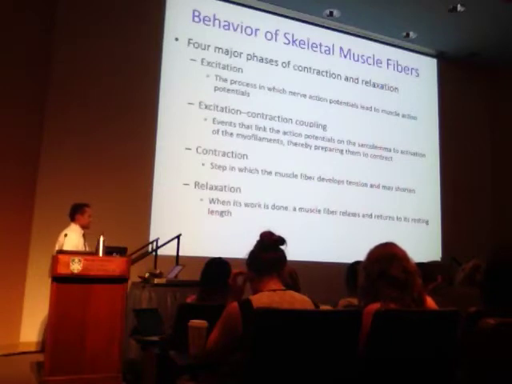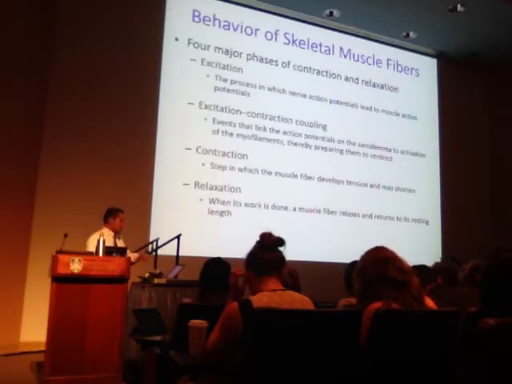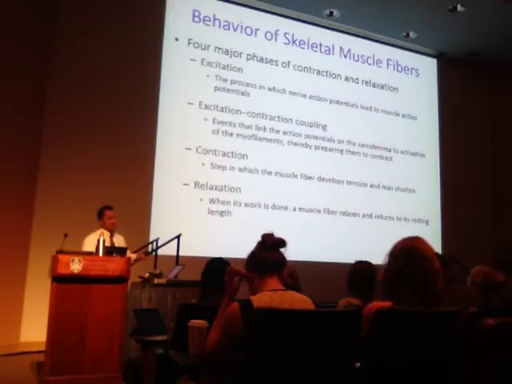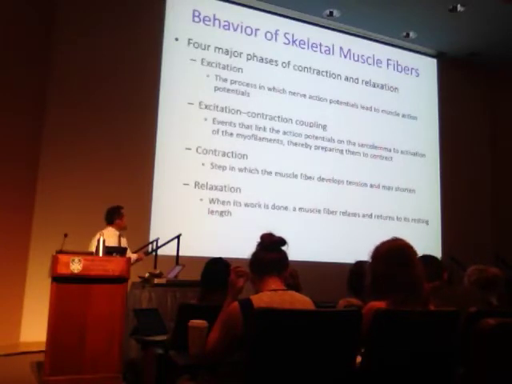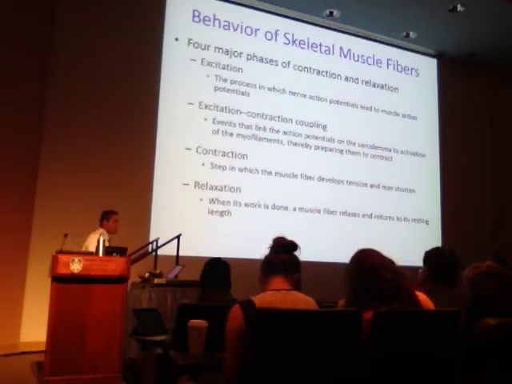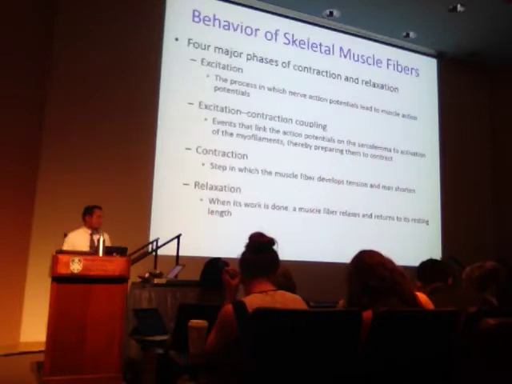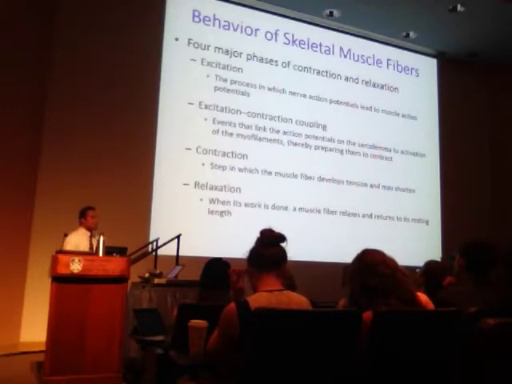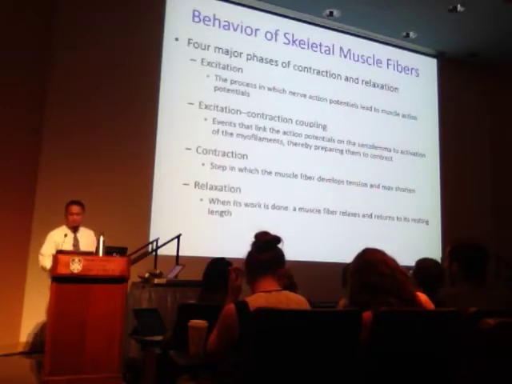Excitation-contraction coupling. Those are the events that link the action potentials on the sarcolemma to the myofilaments inside. And what's the key molecule that's responsible for that? Calcium. Contraction. That's the step where the muscle fiber develops tension and it shortens. Relaxation. This is when it's all finished and you want it to relax and return to its resting length.